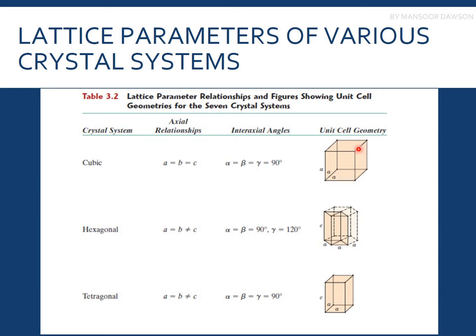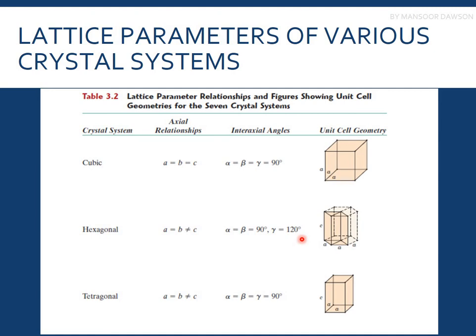Moving on, hexagonal. In the hexagonal system, you can see that there is a hexagon on the top having 6 sides. The lattice parameters a and b are equal, but the third one, the height, is not equal, and both the angles alpha and beta are 90 degrees, and the other angle, gamma, opposite to this side, would be 120 degrees.